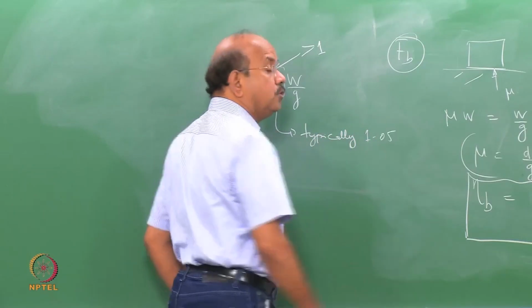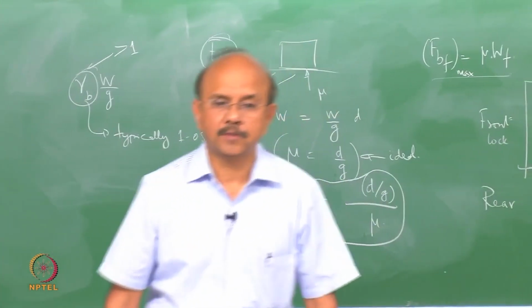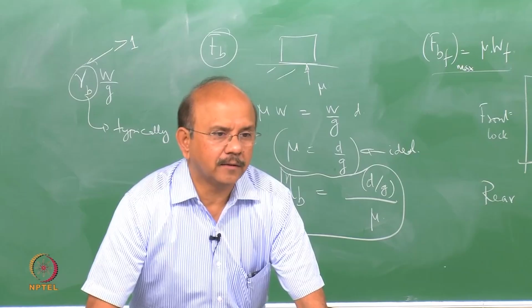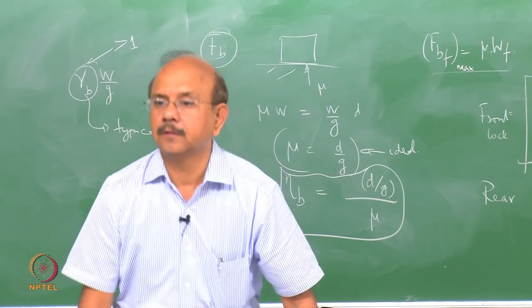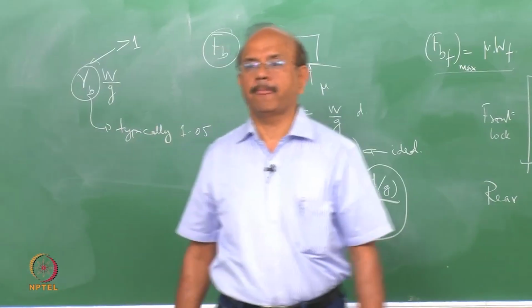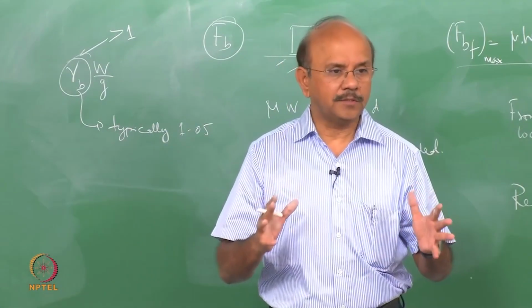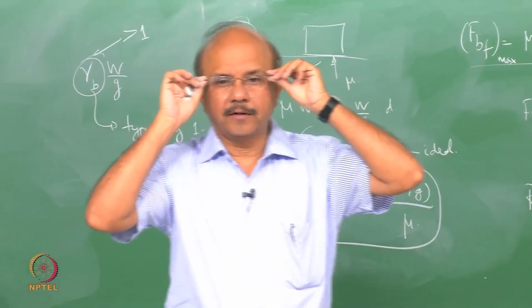No set rules, okay. For some vehicles and for motorcycles and other things where you can apply similar things, it can go very high, it can be 1.18, 1.2 and so on, 1.15, 1.2 and so on. So, no set rules, I am just giving you a figure, normally it is about 1.05.